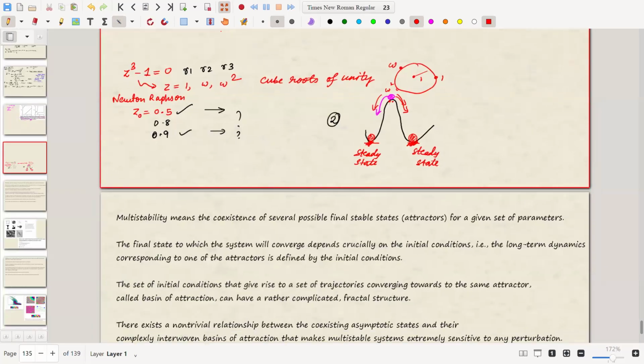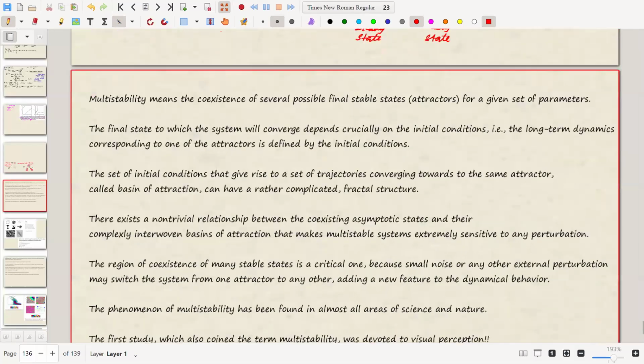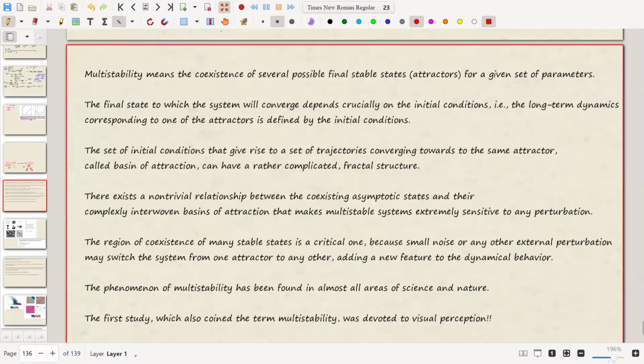So let us now come to the theoretical definition of multistability. Multistability defines the coexistence of several possible final stable states, or mainly you can say attractors. It can be a chaotic attractor also. Why are we saying chaotic attractor? Because when you start from an initial condition and iterate your map, you can see a chaotic trajectory.